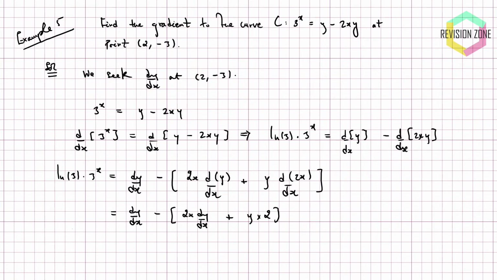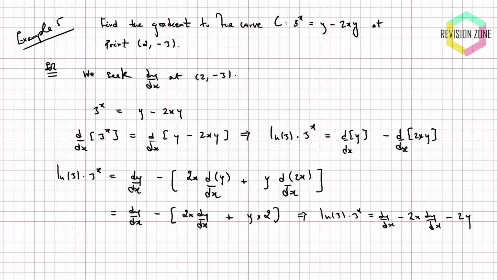The natural thing to do here would be to expand out this bracket on the left-hand side and then rearrange. So the left-hand side is going to be log 3 times 3 to the power x, and the right-hand side is going to be dy by dx, take away 2x dy by dx, and then take away 2y, no less.